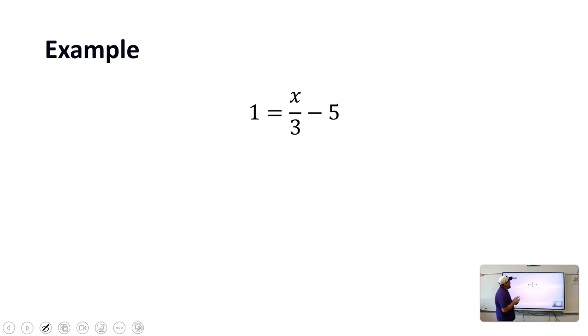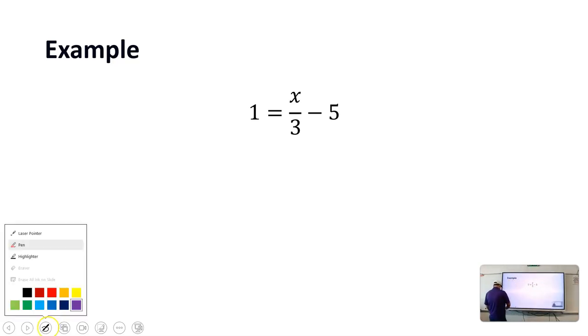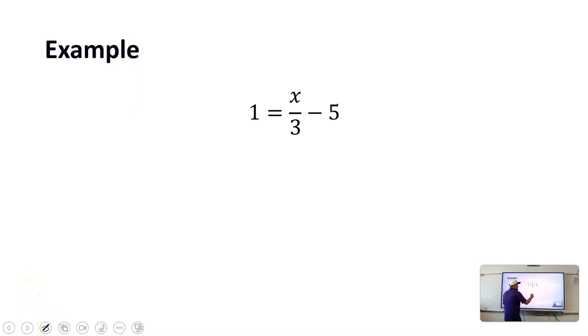Okay, 1 equals x divided by 3 minus 5. So we're going to go ahead and add 5 to both sides. Those cancel out, and you're left with 6 equals x divided by 3.